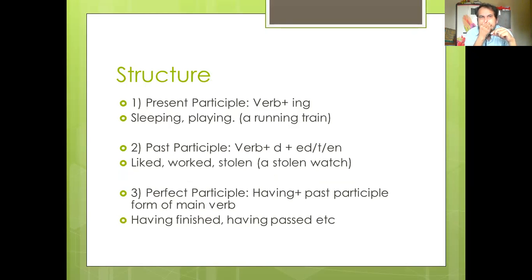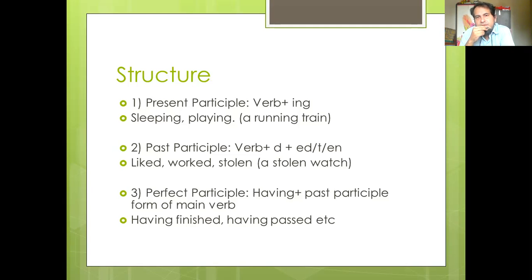Now, structure. How is the participle formed? In the case of present participle, it is formed in this way: verb plus ing. For example, sleeping, playing, or running. In brackets, you see a running train. I've given you playing. I saw a playing baby. If I say I saw a playing baby, or I saw a sleeping cat, all are the same.